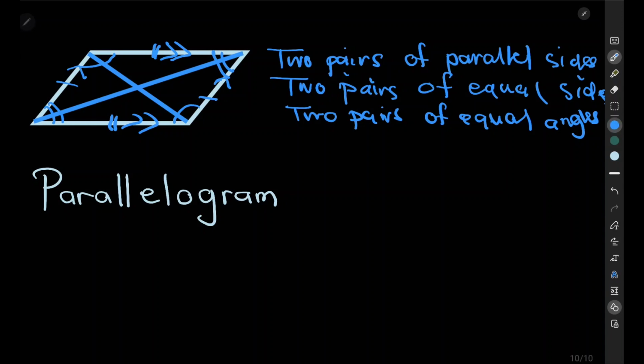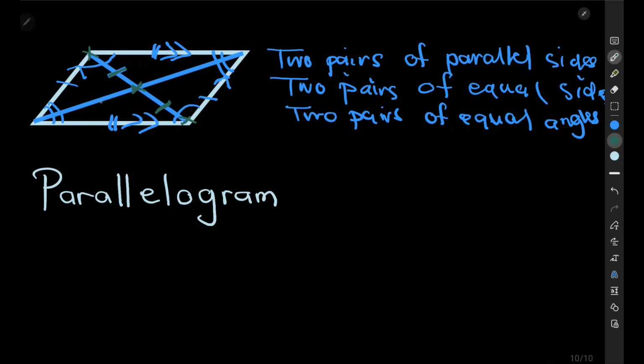So from this point here up until this point here, that side is also equal to from that point to this point. These two sides are equal because they're cut in half by the other diagonal. That's what bisecting means: you cut a line into two equal halves.